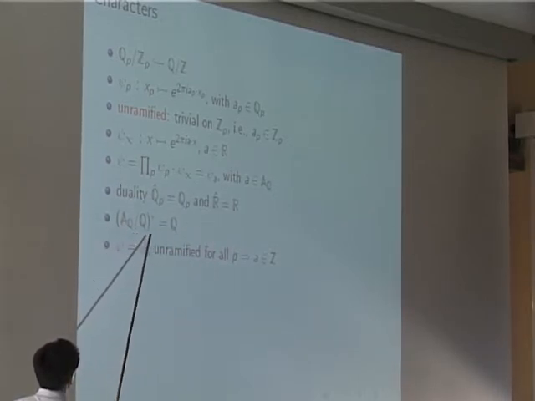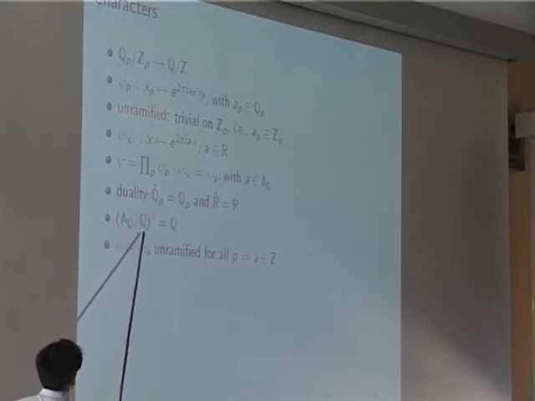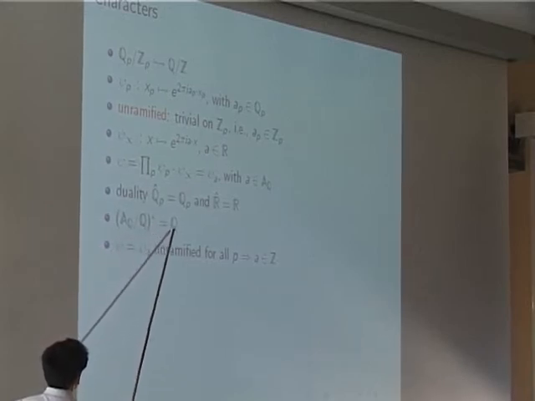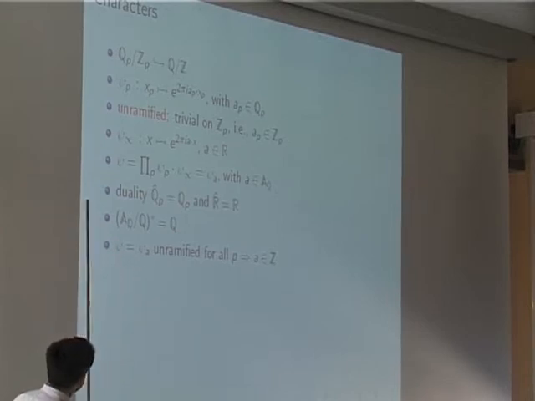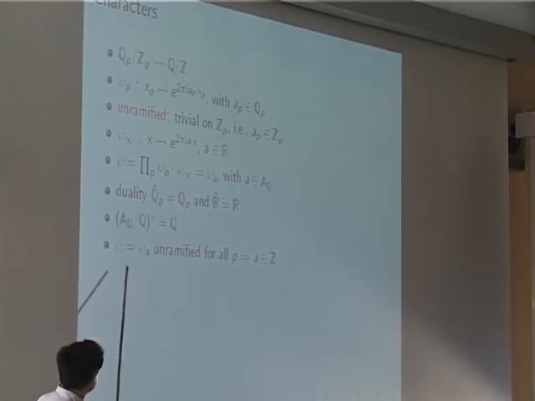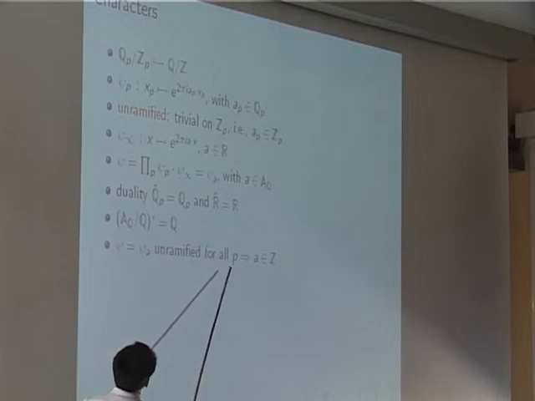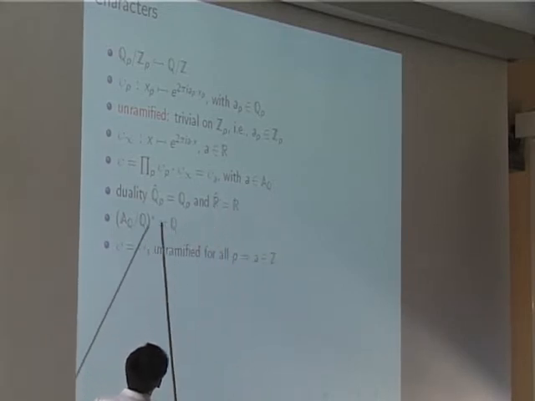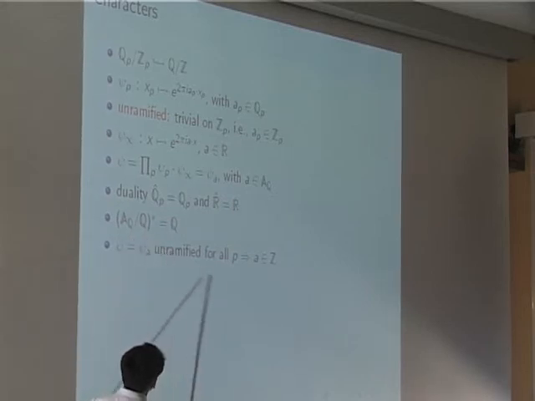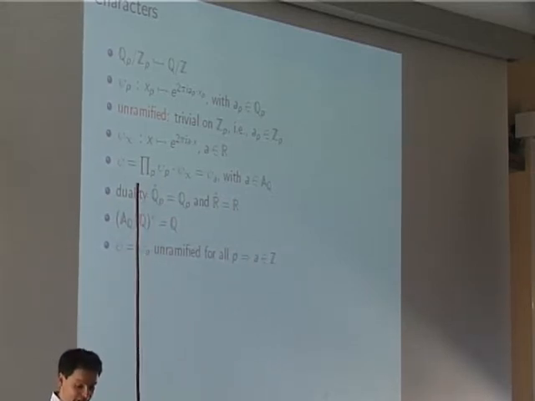Somehow A_Q over Q star, so the characters trivial on Q are well labeled by Q. So now unramified for all p just means that a is in Z. So if you have a character trivial on Q and unramified, then the corresponding a is in Z.